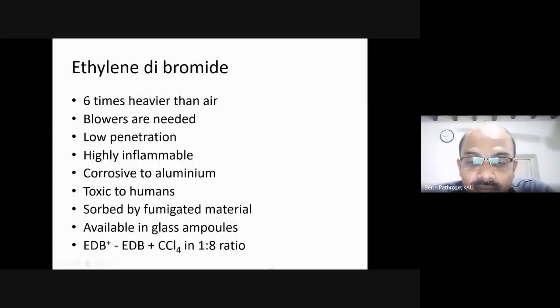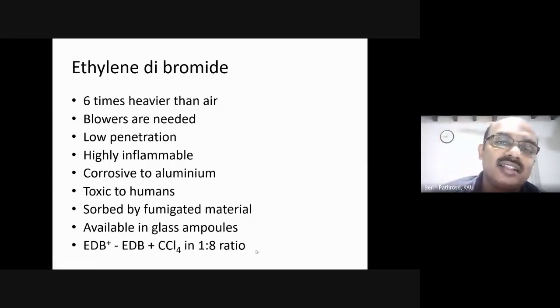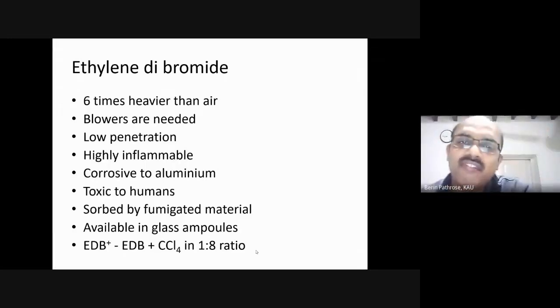Then comes ethylene dibromide. Bromine, chlorine, fluorine, etc. are very heavy molecules. So ethylene dibromide is also heavier than air, so it doesn't penetrate well. We need blowers to distribute it uniformly.